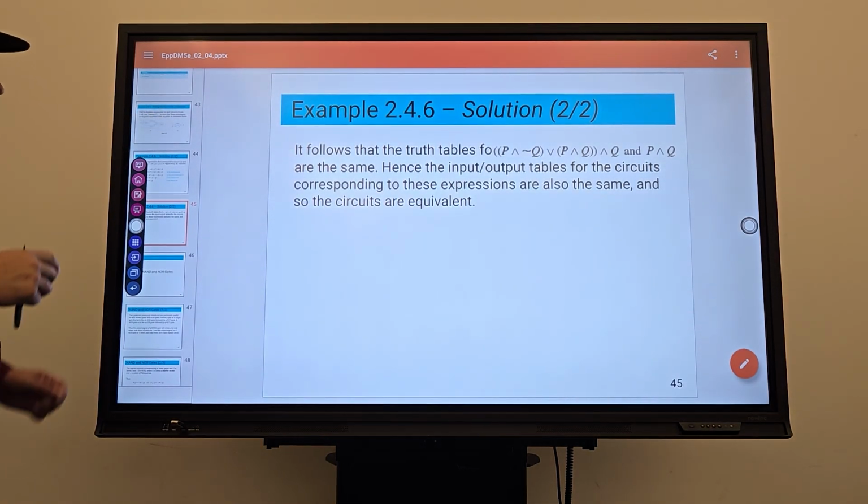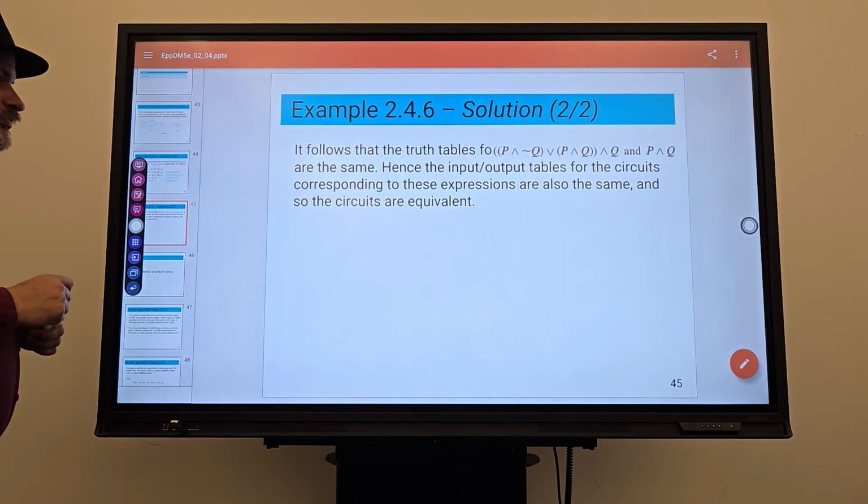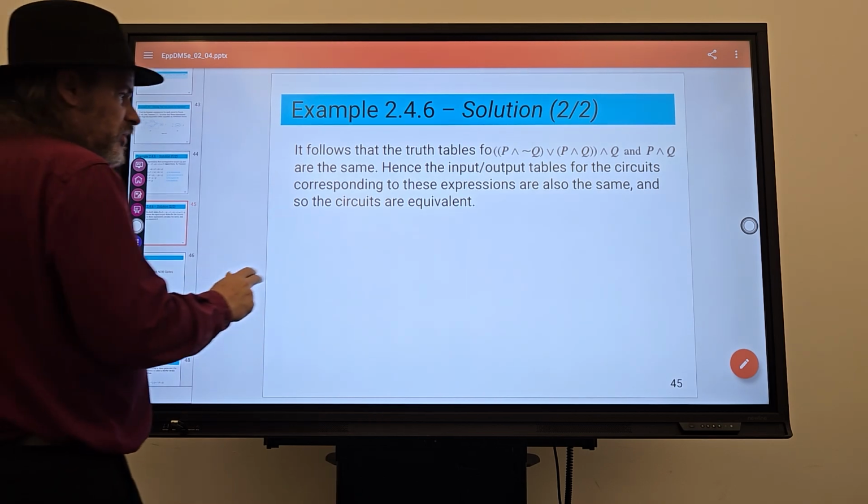It follows that the truth tables for those two expressions are the same. Therefore, the input-output tables for the corresponding circuits should be the same, and the circuits are equivalent.